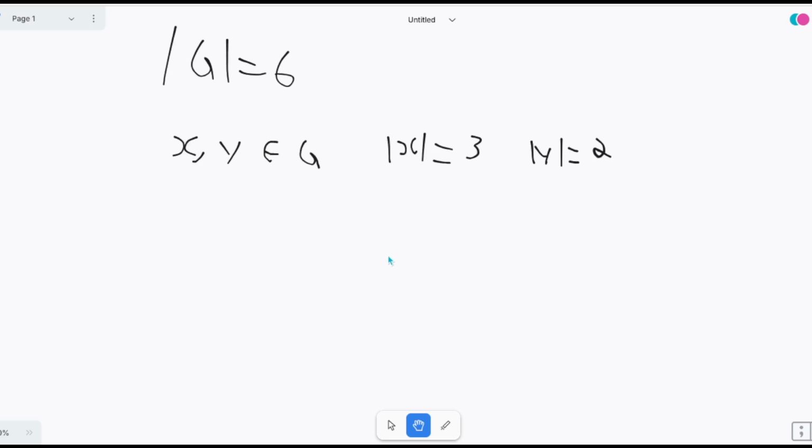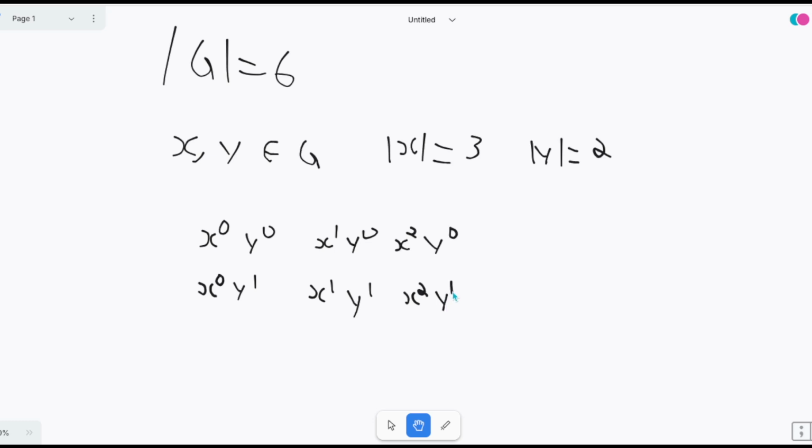And so we have x to the 0, y to the 0; x to the 1, y to the 0; x squared, y to the 0; x to the 0, y to the 1; x to the 1, y to the 1; x squared, y to the 1, and these will be our 6 elements.